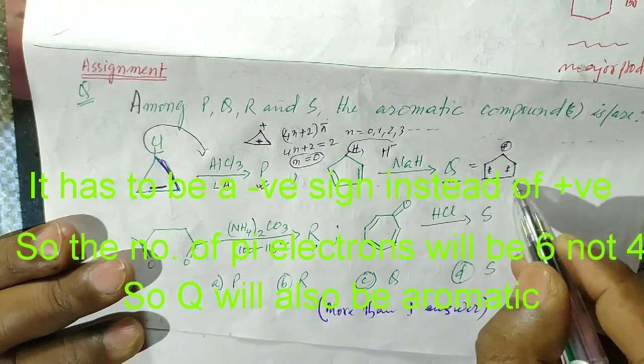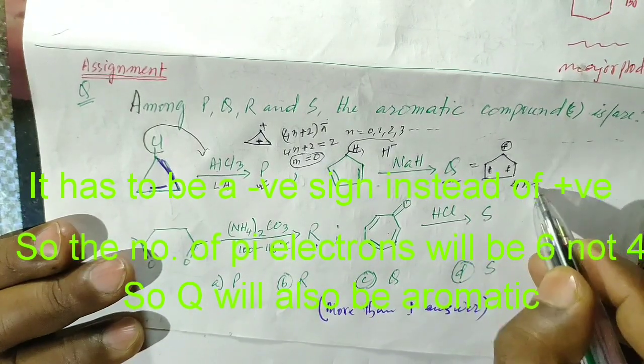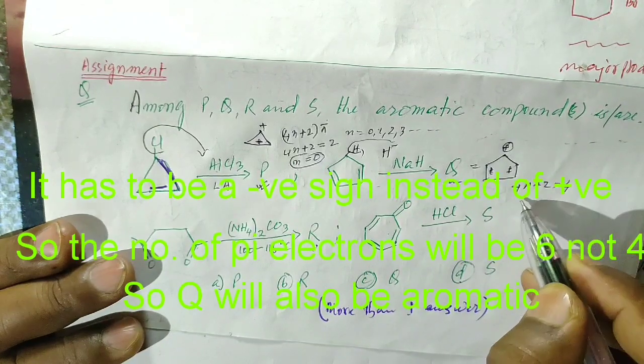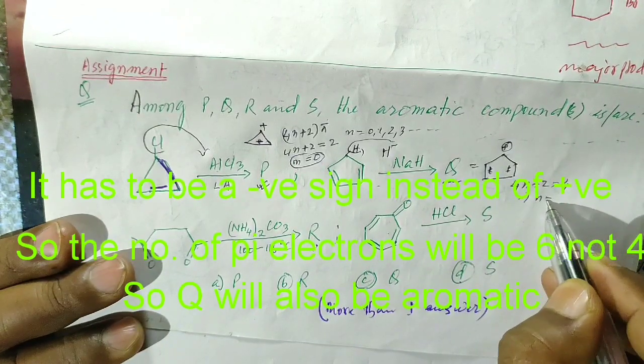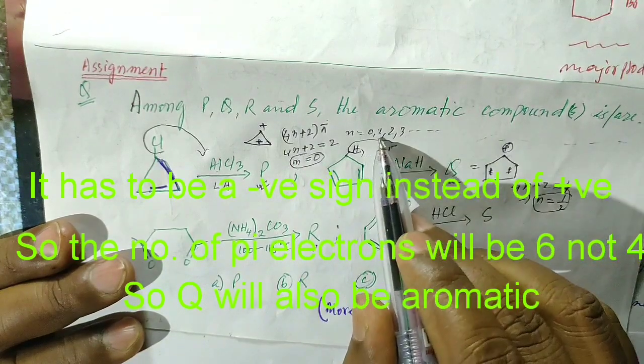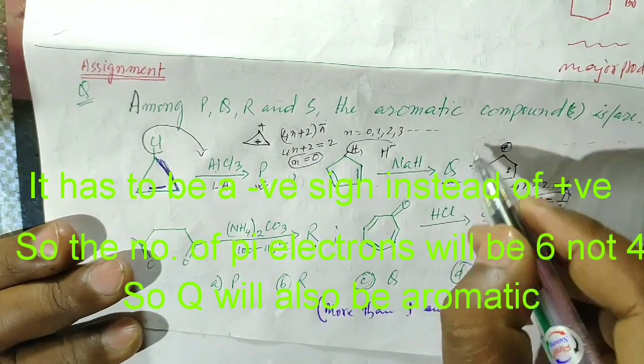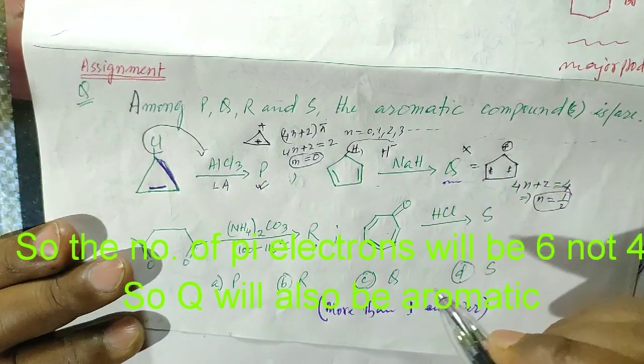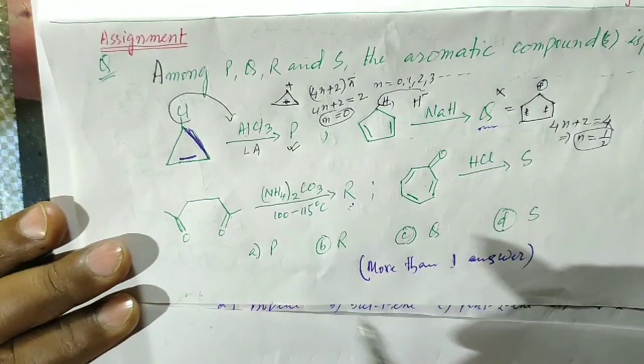So when we substitute 4n plus 2 equal to 4, then n is 1 by 2, which is not among these numbers, so Q is not aromatic. Okay, let us check here.